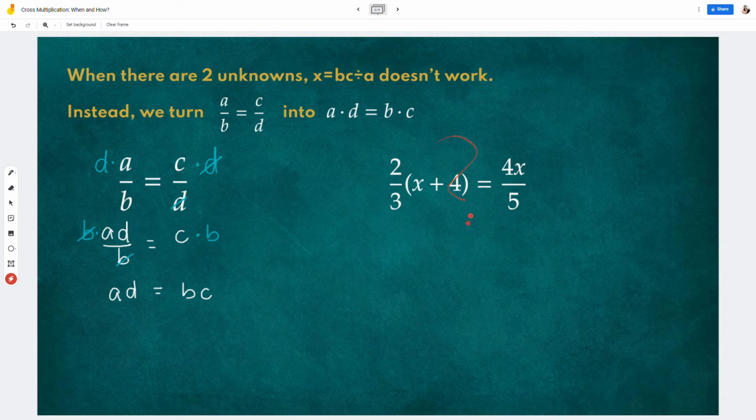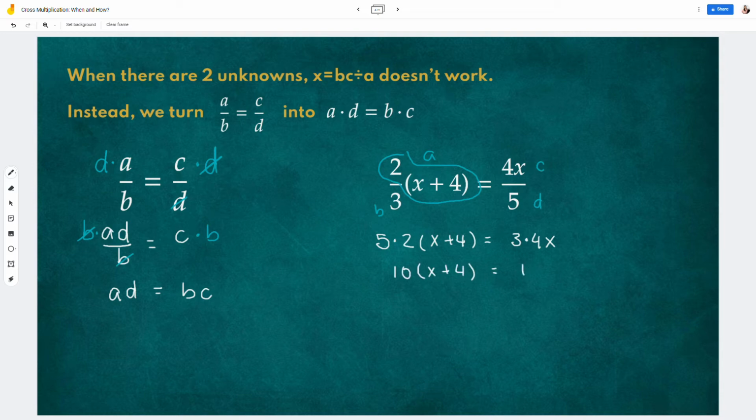How can we apply that to this question here? It's easy to see what letters 2, 3, 4, x, and 5 belong to, but you may be wondering about that x plus 4. It actually goes with the a, since the invisible denominator is 1. After cross-multiplication, we need to use other algebra skills to isolate x.